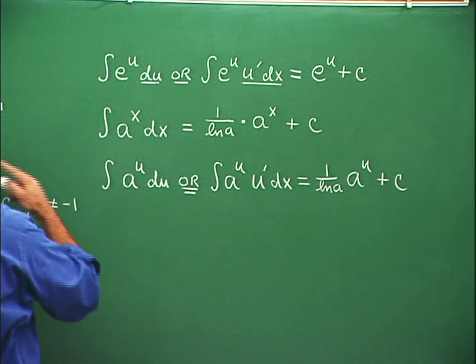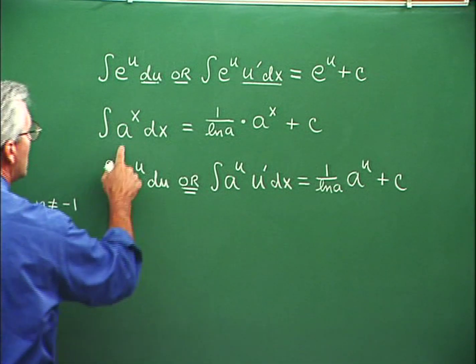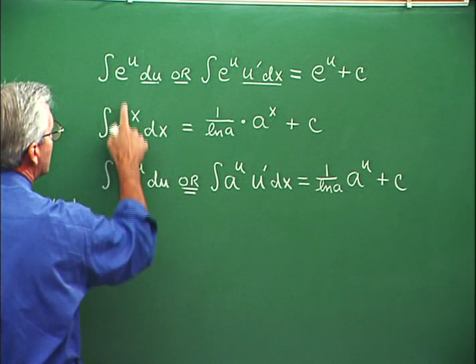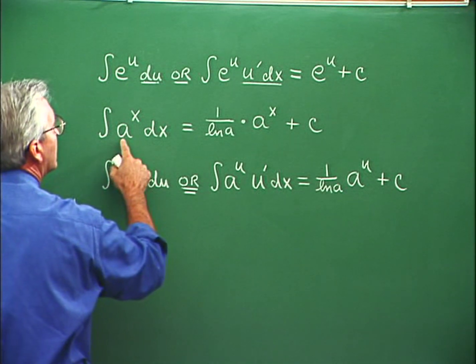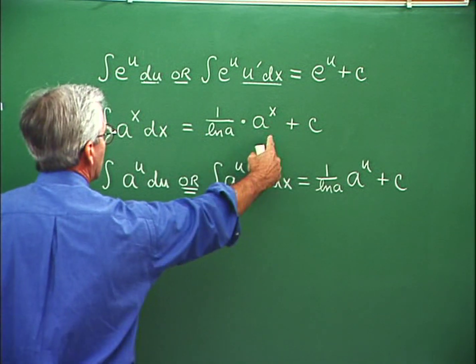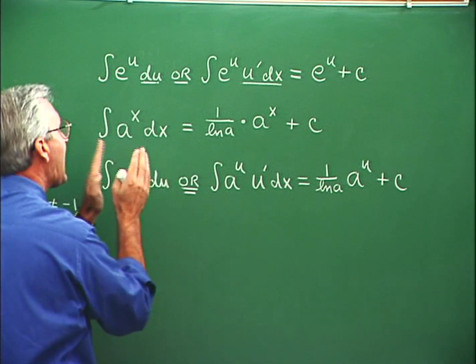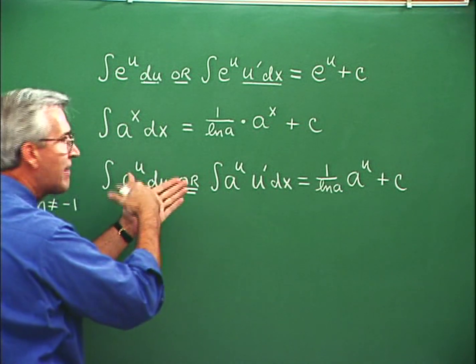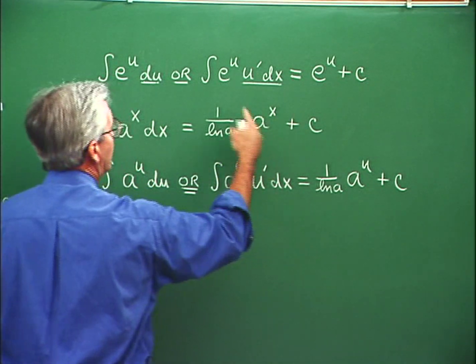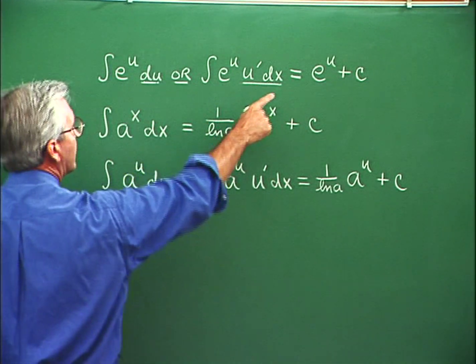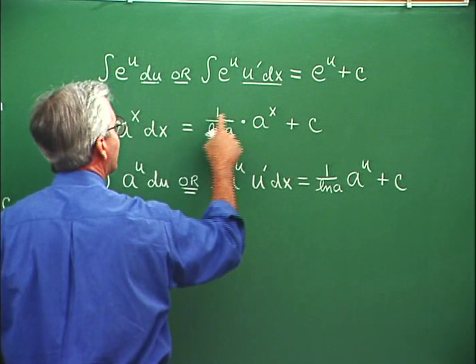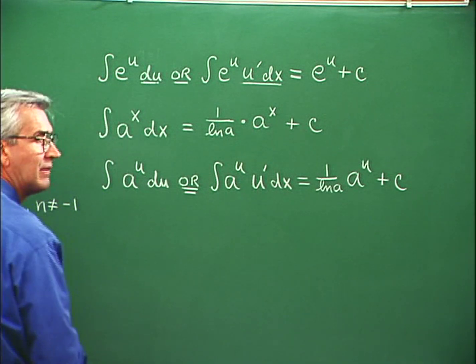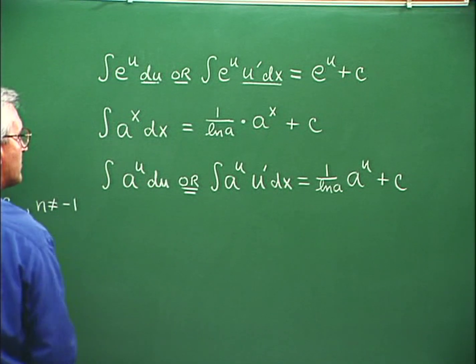And then, from what we did just a few moments ago, a base other than e gives us an integration like this. We're just popping a fraction into this answer. It's very similar to the idea from above, except we have this factor of 1 over natural log of a. So it's 1 over the natural log of this base.